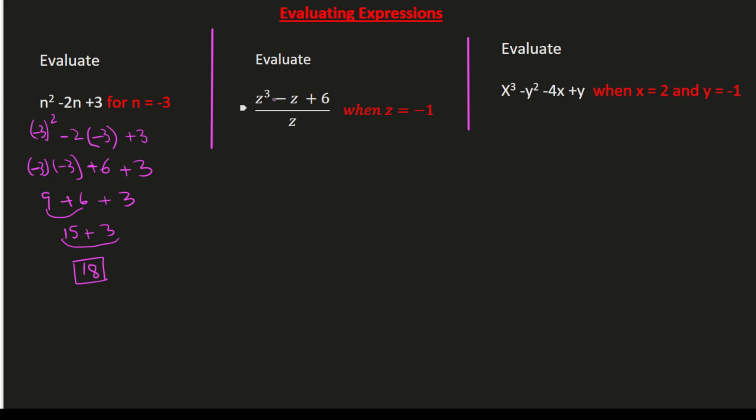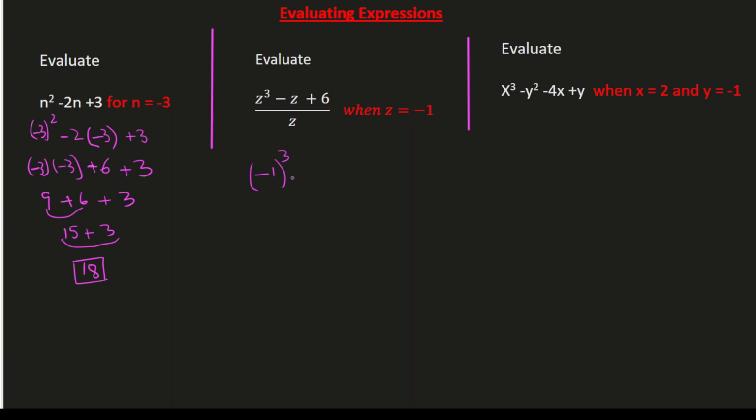Same idea. For z, we get z cubed minus z plus 6 over z, when z is equal to negative 1. We need to evaluate that. So the same thing: wherever I get a z, I'm going to plug in negative 1. Let me see what I have here. I get negative 1, this is for z, but we get the cube, taken 3 times as a factor.